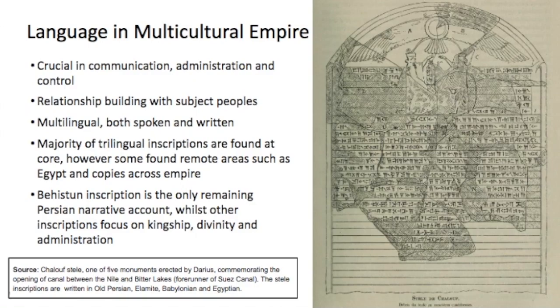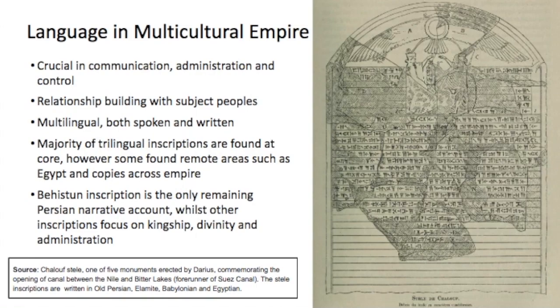However, we do see some in more remote areas, even as far as Egypt, where we see other official inscriptions that use a trilingual format. An example of that is the one that we have here, which is the Chalouf stele, which is one of the 5 stelae erected by Darius after he constructed the canal between the Nile and the Bitter Lakes, which you can think of as the ancient Suez Canal.